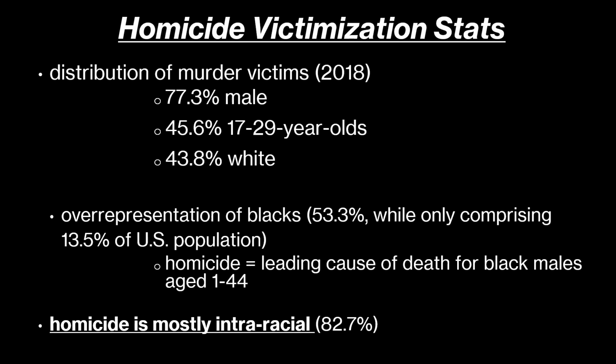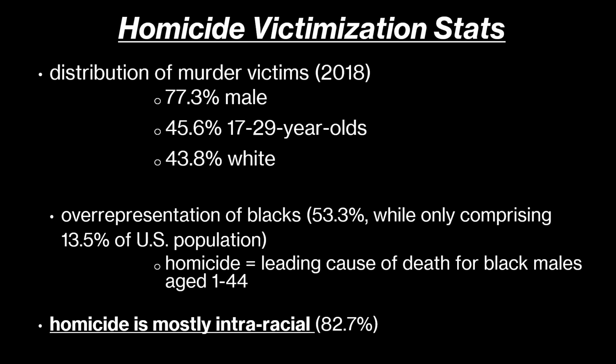Looking at that cluster, they account for over half of the overall homicide victimizations that we account for. That's insane. In fact, homicide is the leading cause of death for Black males aged 1 to 44. And this is an important aspect to learn about the victimology of homicides.